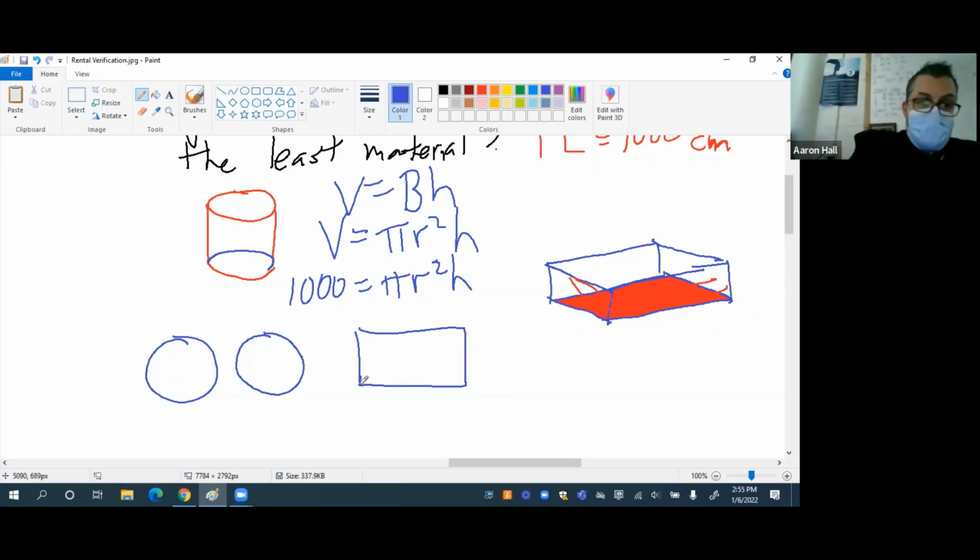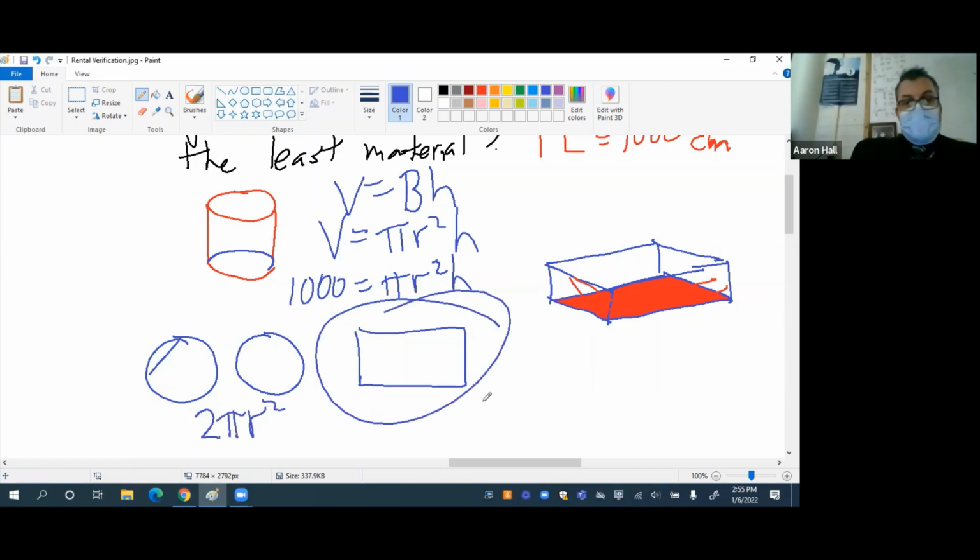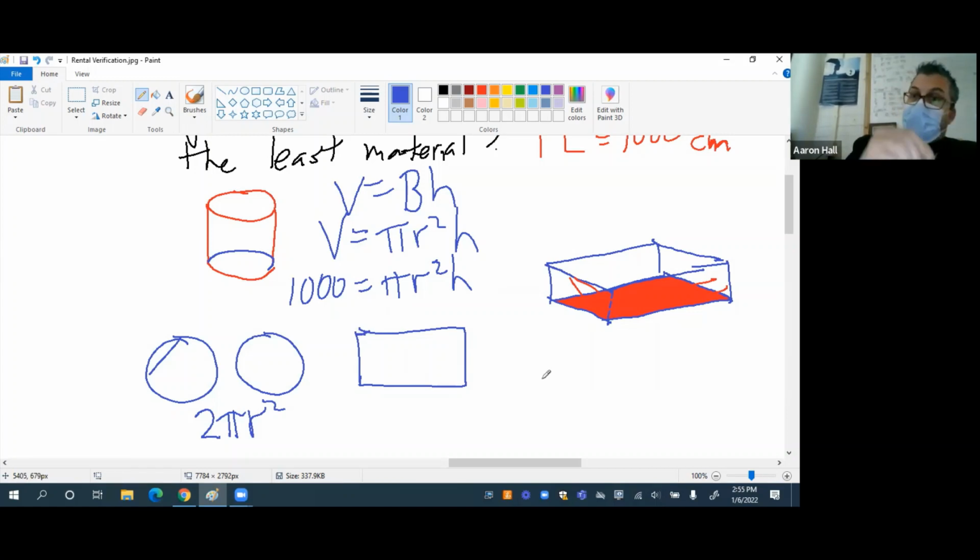What do I know about the surface area? What's the formula for the area of a circle? That's going to give me pi r squared, and then we have 2 of those. And then what about the dimensions of the rectangle? Isn't it 2 pi r? It's the circumference all the way around our can. That's going to give us the bottom of this rectangle.